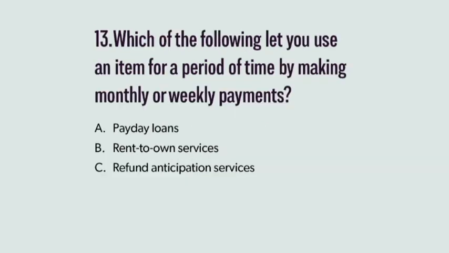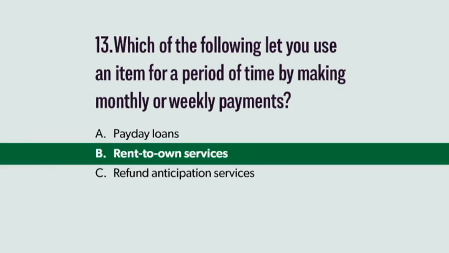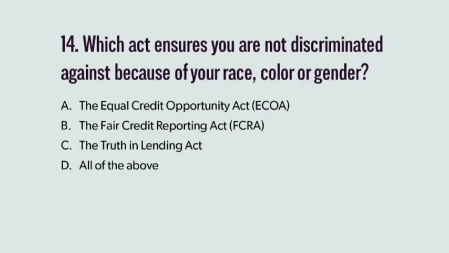Number 13, which of the following lets you use an item for a period of time by making monthly or weekly payments? A, payday loans, B, rent-to-own services, or C, refund anticipation services. I hope you remember that it was B, rent-to-own services.